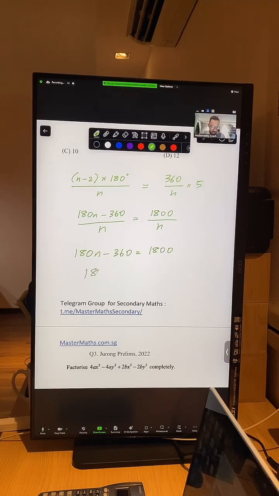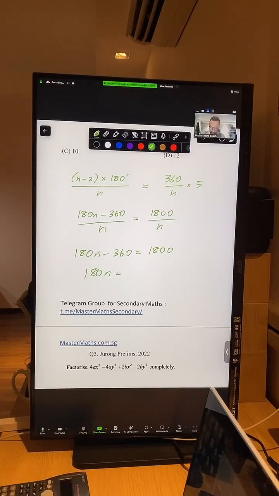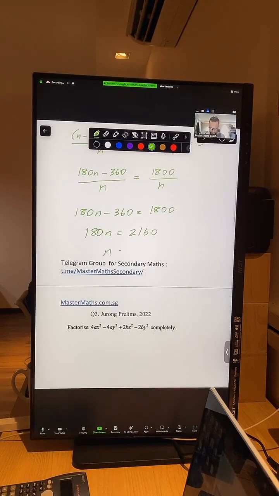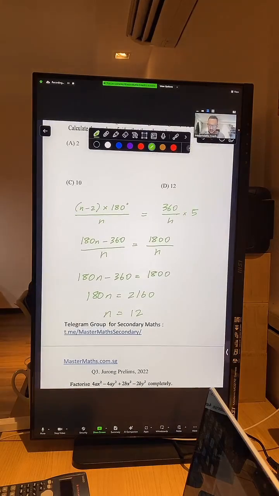Okay, now 180n equals to 1,800 plus 360. That gives me 2,160. And 2,160 divided by 180 will give me 12. Okay, guys? So the answer is D.